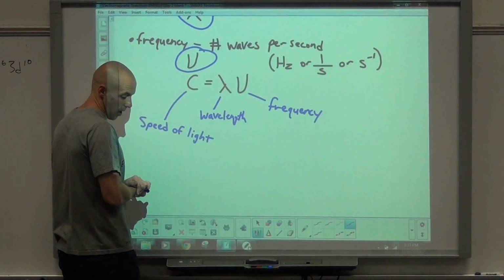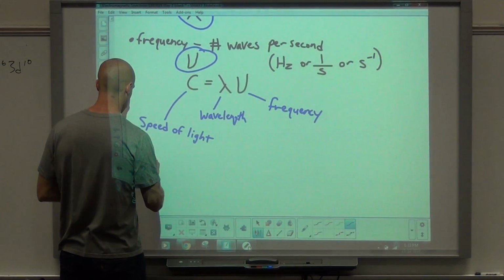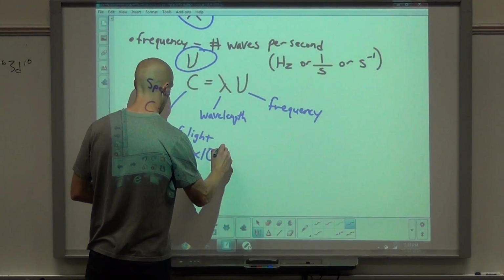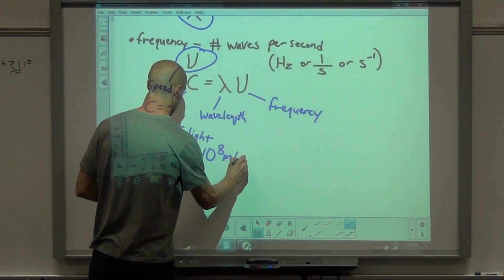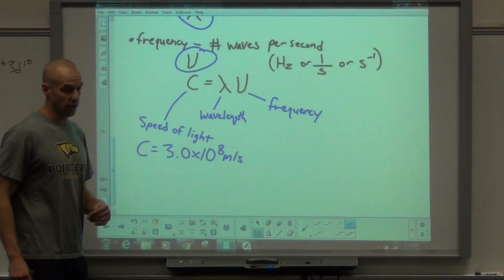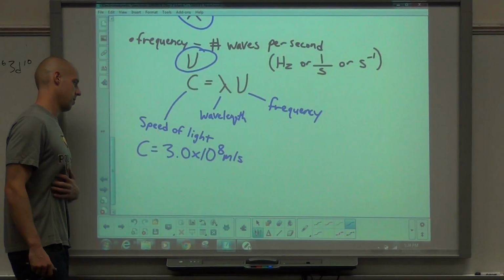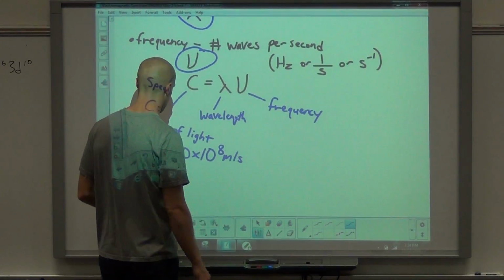The speed of light, you can add this to your constants. I would write C equals 3.0 times 10 to the 8th meters per second. That's incredibly fast. That's how fast light travels in quantified terms.